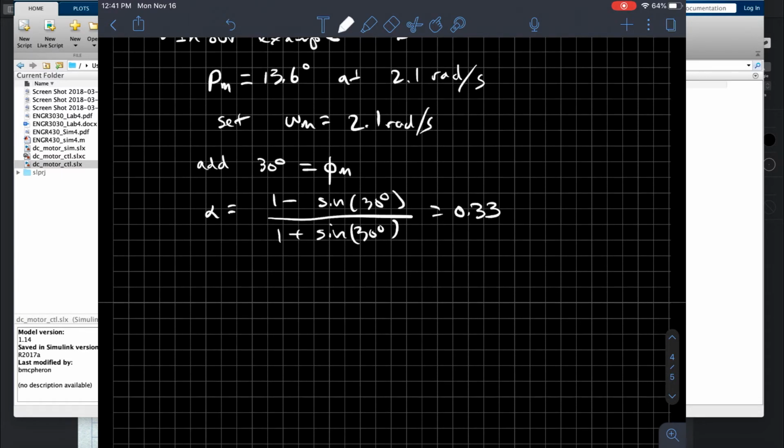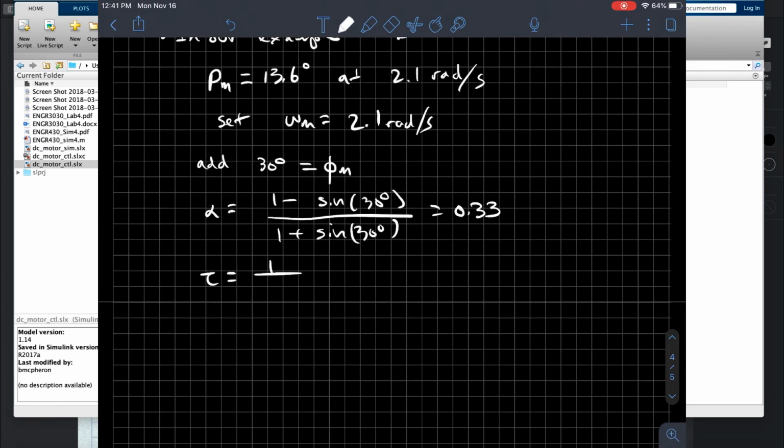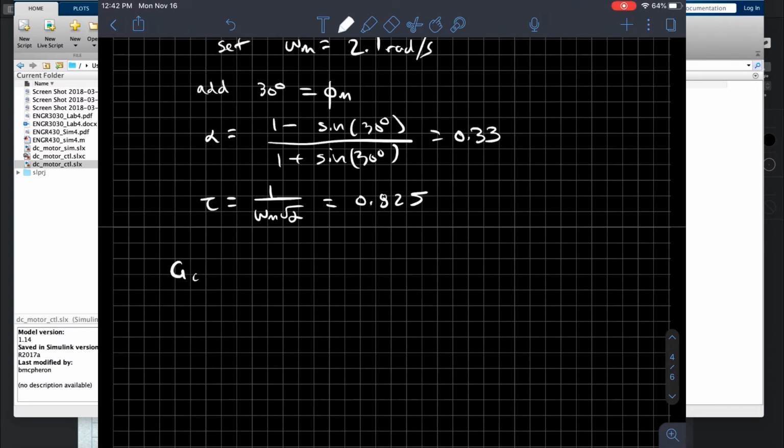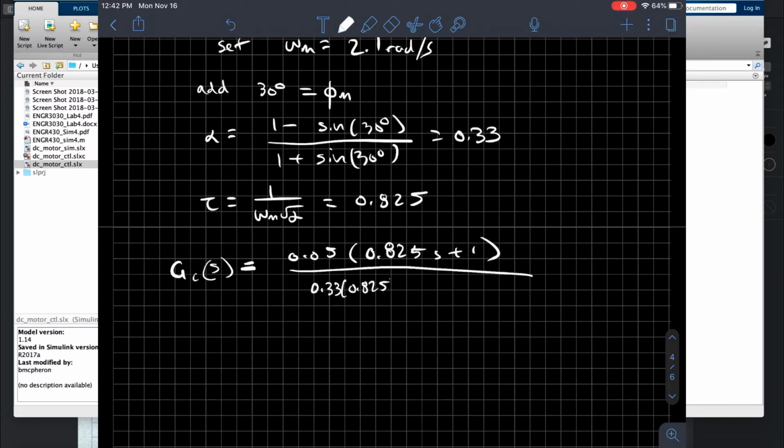That means that tau is 1 over omega m square root of alpha. That's 0.825. The result is that GC of S, my compensator, is 0.05 times (0.825 S plus 1) over (0.33 times 0.825 S plus 1).